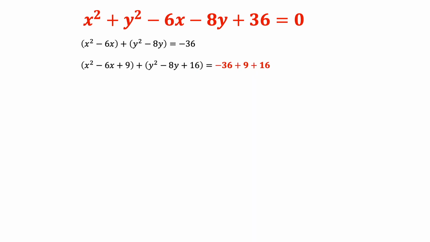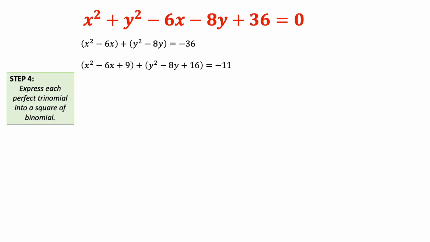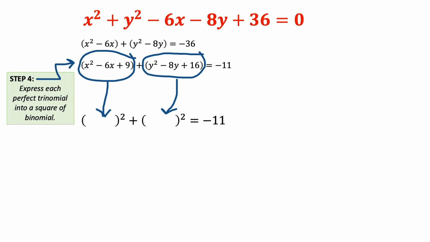Afterwards, we will simplify the right side of the equation by combining -36, +9, and positive 16. It will give us negative 11 as sum. In step 4, we will change the two perfect square trinomials to square of binomials.